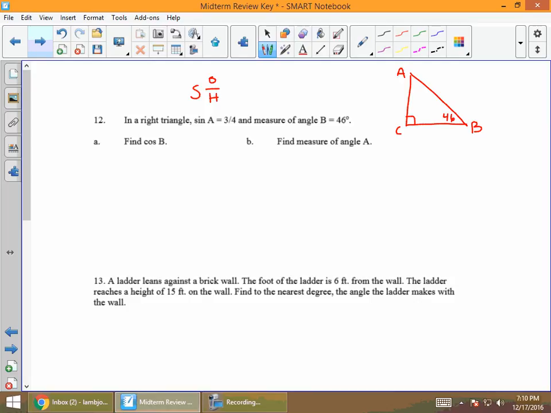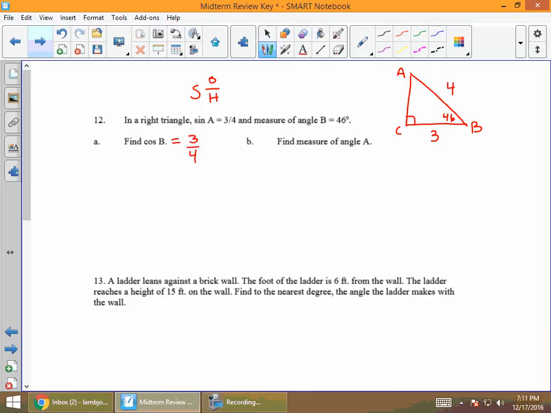So from A, the opposite side is 3 over the hypotenuse is 4. I could do a squared plus b squared equals c squared here if I wanted to, but I don't need to. It wants me to find the cosine of b. Well, you should know that the sine of A and the cosine of B are equal to one another. So this equals 3 over 4.